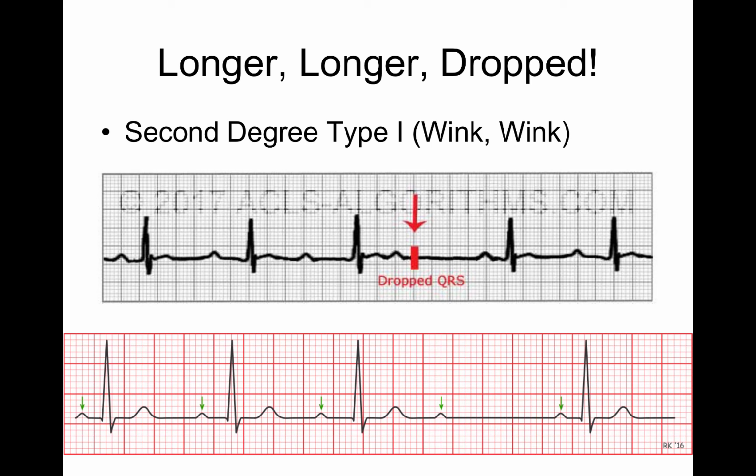It gets longer, longer, longer, and it drops. So your second degree type 1 is your winky Bach. It's winking, winking, winking, drop. Hopefully that makes more sense. You see the PR interval longer, longer, longer, fires, and they're not there, drops. Longer, longer, longer, drops.